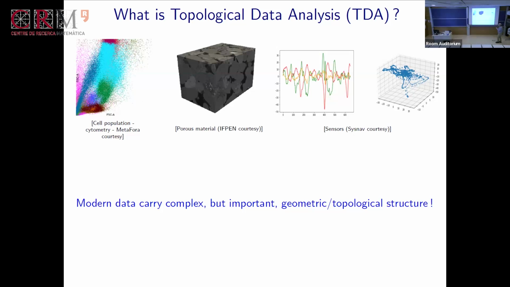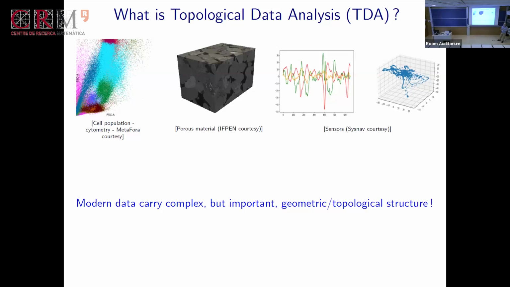And the color of the voxel tells you if you are, in gray, inside the matter or in a void. This is a small piece of a porous media, a porous rock. And this is not the whole data set. This is just one sample in my data set. But this data is already a complex object that in itself carries some topology. For example, you might be interested in understanding the geometry or the topology of the void because it is probably correlated to, for example, the permeability of the rock or something like that.